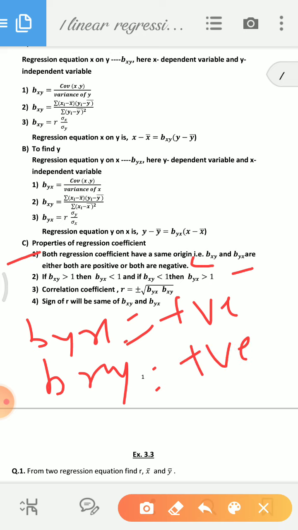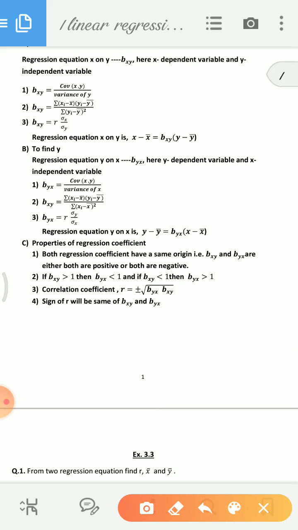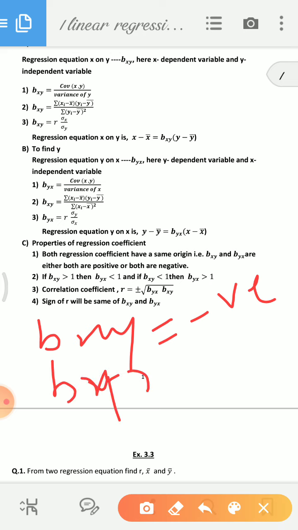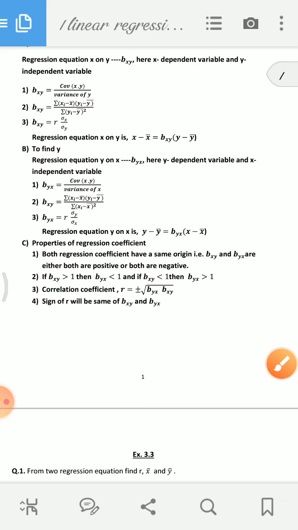Or if b of xy is negative, in the same way b of yx is also negative. Either both are positive or both are negative.